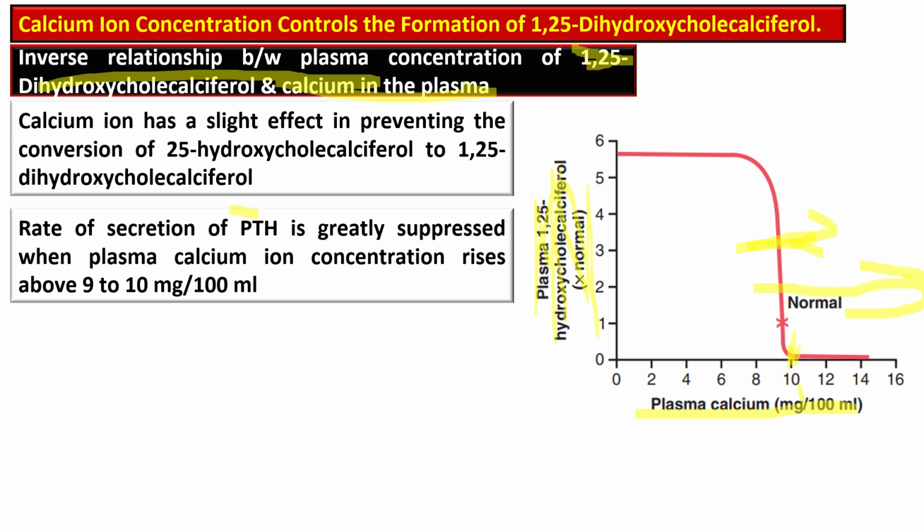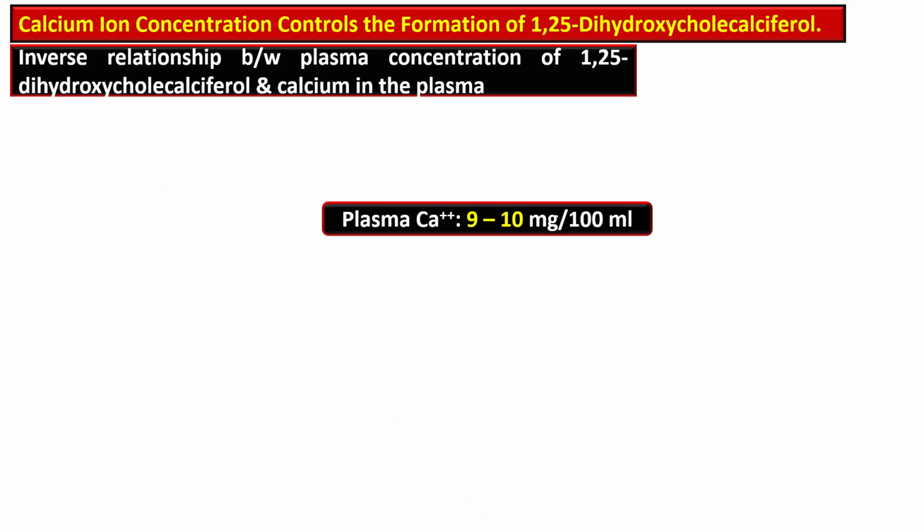So rate of secretion of parathyroid hormone is greatly suppressed when plasma calcium ion concentration rises above 9 to 10 milligram per 100 ml. So normal plasma calcium concentration is 9 to 10 milligram per 100 ml.